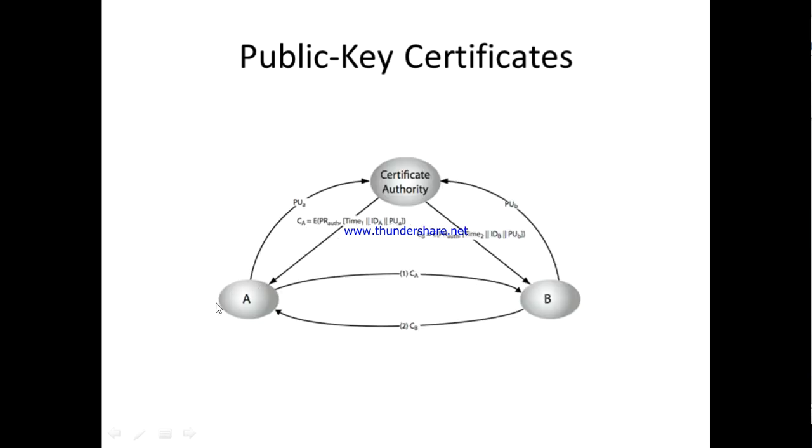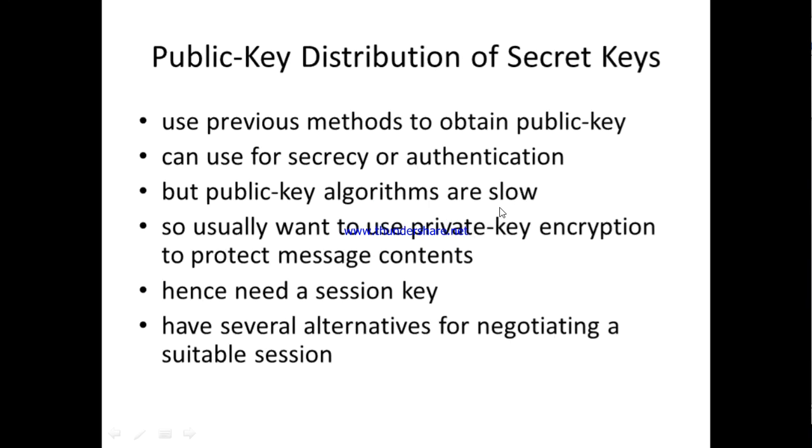For example, A sends its public key to the certificate authority, which will verify and sign it, and A can show its certificate to say this is my public key. Similarly, B can also share its certificate. In this way the certificate authority can be used.